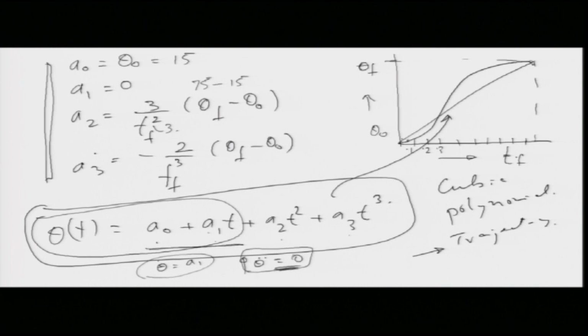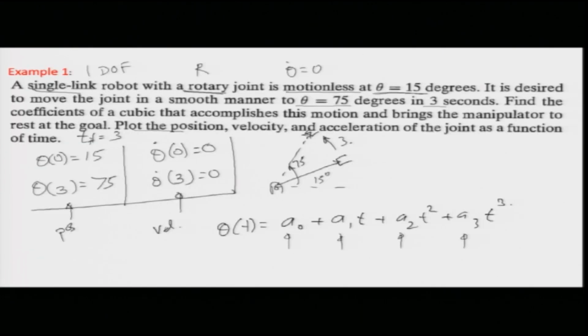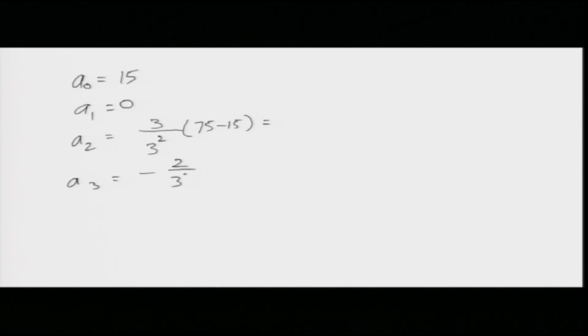So, let us put these values into these equations. a0 is equal to theta naught, which is 15 degrees, then a1 is equal to 0. a2 is equal to 3 divided by 3 squared times (75 minus 15), and a3 is equal to minus 2 divided by 3 cubed times (75 minus 15).